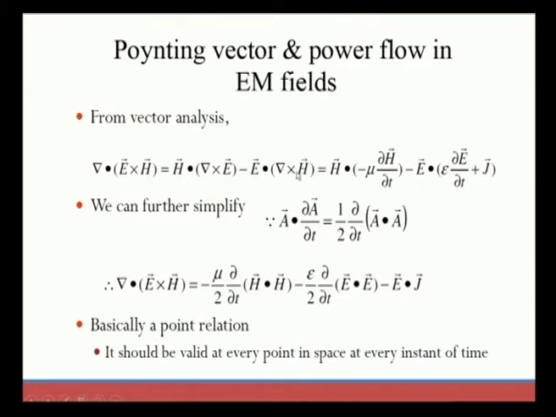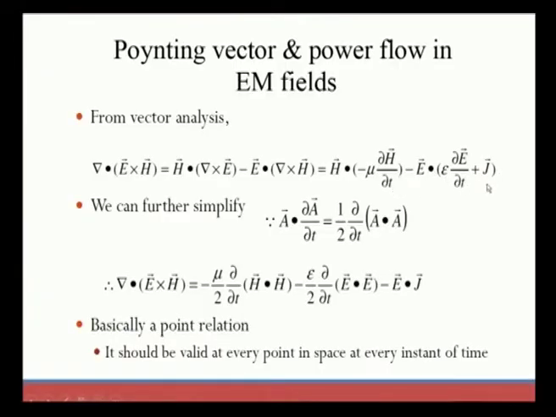Here del cross H will be written as epsilon dou E divided by dou t plus J, the term that we have added here, because del cross E and del cross H come from the previous two Maxwell's curl equations, which we are substituting here.